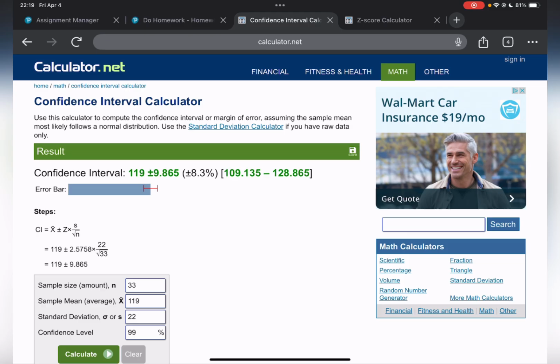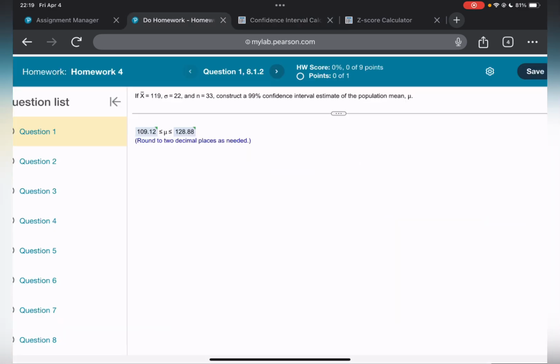So let's see. 119 plus 9.865, and I'm getting 128.865. Okay, and here it is 128.88. Well, that's interesting. Even if you round up, you get 128.87, not 88.